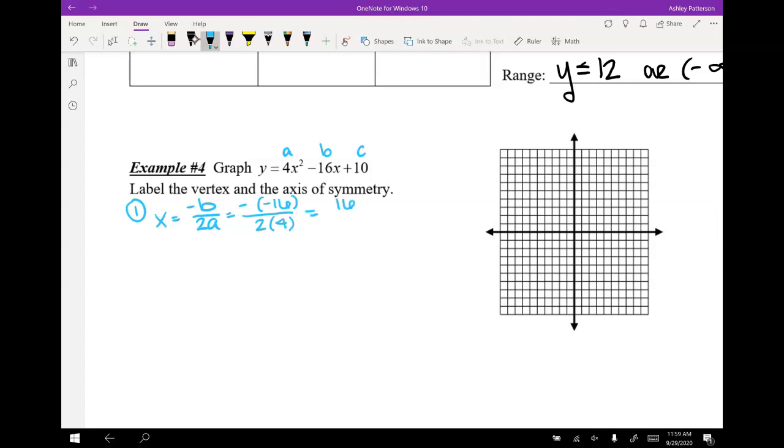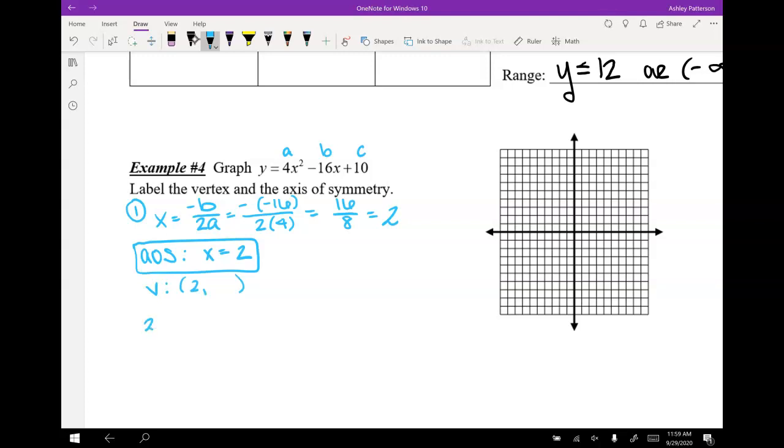We get a positive 16 over 8, which is 2. So the axis of symmetry, feel free to write AOS, axis of symmetry, is going to be x equals 2. And we know that the axis of symmetry shares the x coordinate of the vertex. So I'm going to write V for vertex, and it's 2, some value.